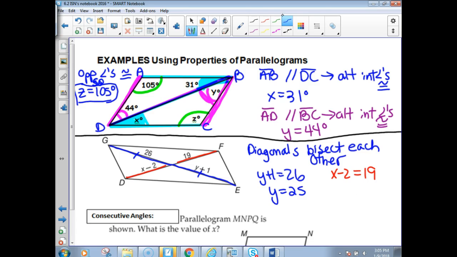Add 2 and you get x is 21. I guess I could have put slashes here. Double slash, double slash. The diagonals are not equal to one another. So one of the hardest things to do is to be able to tell if they're talking about angles or sides when you're looking at the diagrams.